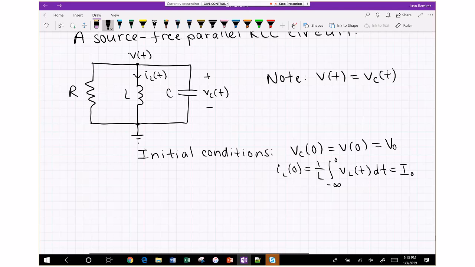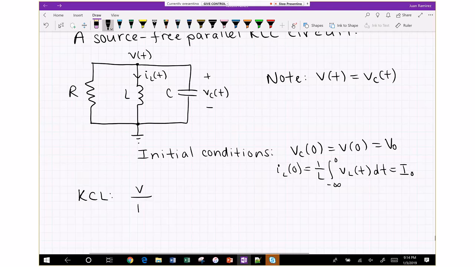Because the three components here are in parallel, we can do KCL at the node above, and we end up with the following equation. We look at the current leaving the resistor, or entering the resistor, rather.